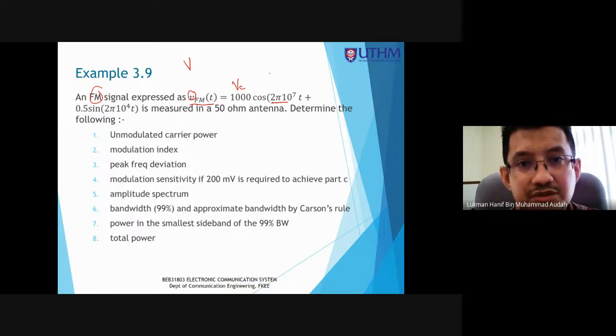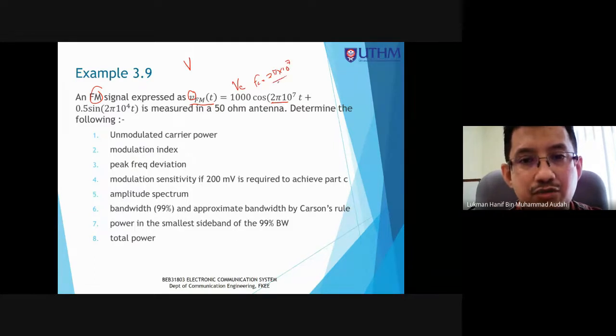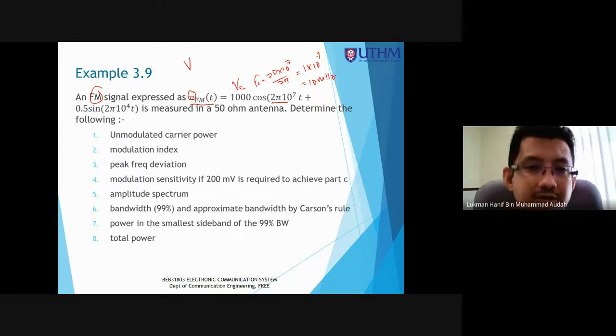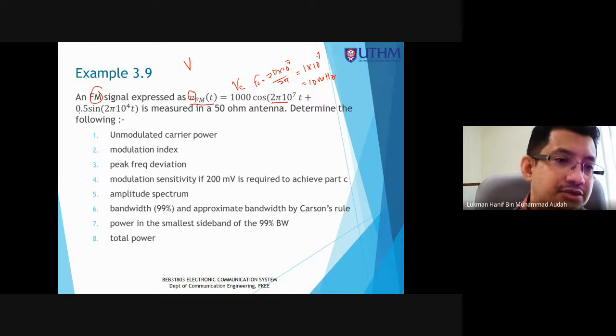So this is FC. FC is equal to 2 pi times 10 power of 7 divided by 2 pi. So this is equal to 1 times 10 power of 7, or you can write this as 10 megahertz. And then 0.5, this is actually the beta parameter.